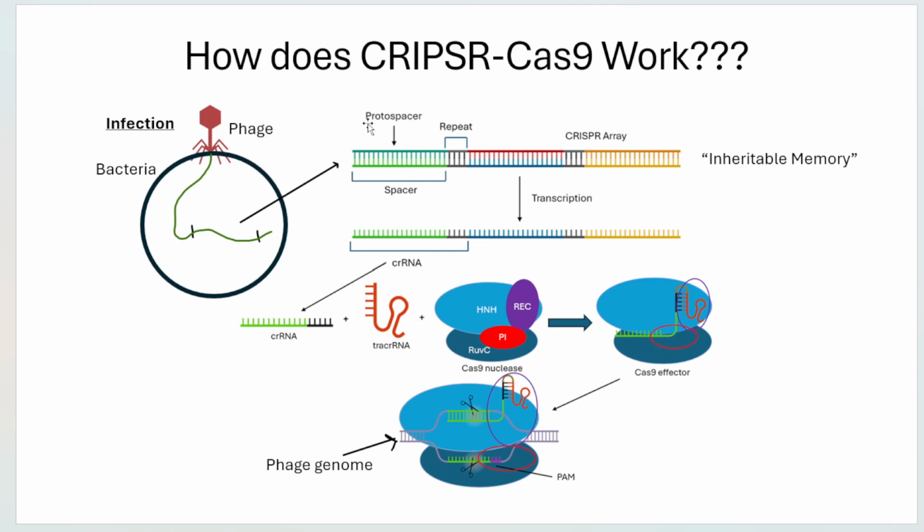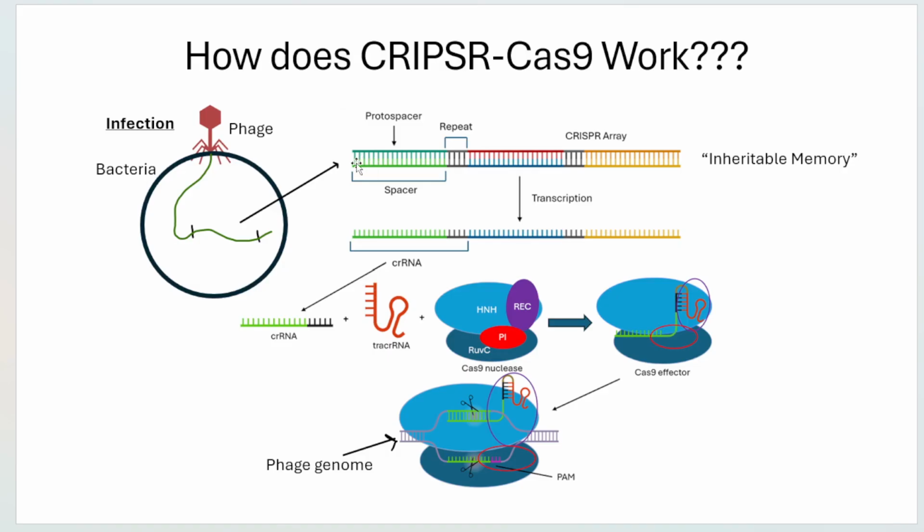You can see how there's one memory here in green. There's a repeat that separates the next memory, which is blue and red. And there's another repeat here that separates the blue and red from another memory, which is yellow and orange here.